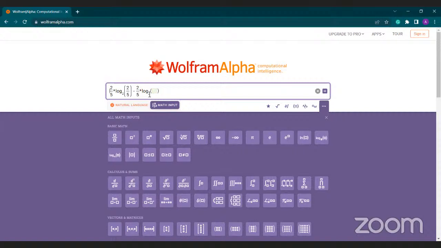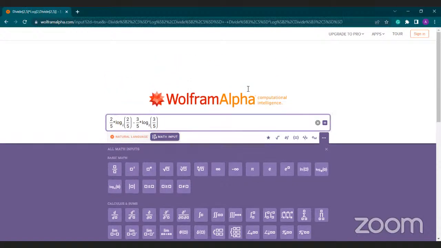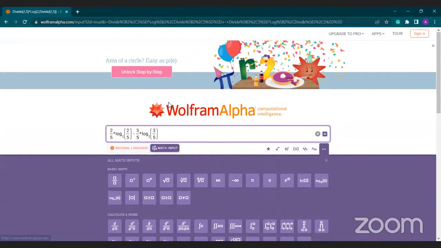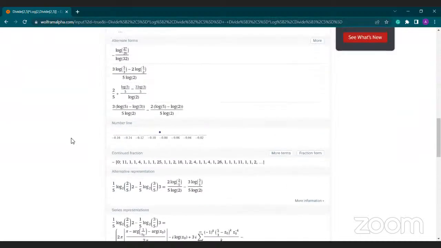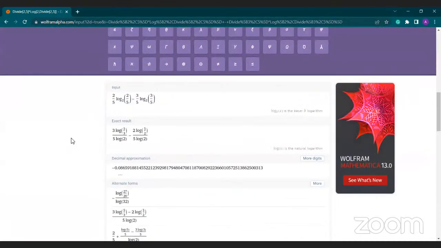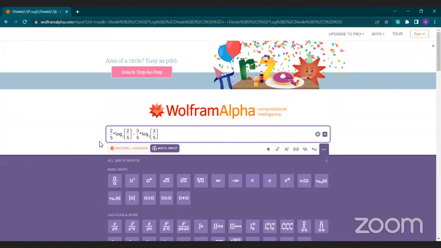Sorry, this would be 3/5, right? Yes, 3/5. And then we calculate our answer. Wait, I think it should be 2/14, because we have 14 possible outcomes.